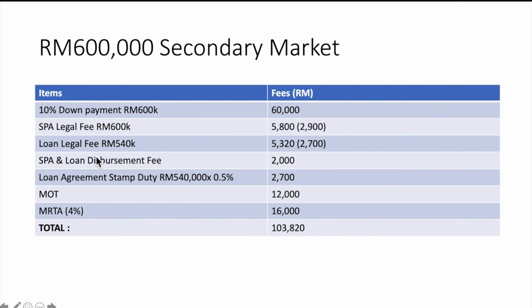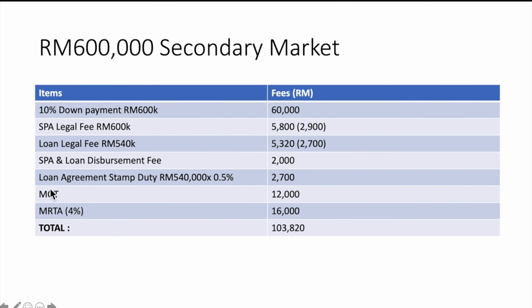On SPA and loan disbursement is 2,000, because usually the lawyer will charge you, they make some money from here. Don't forget, because they have to pay somehow, a referral fee, or they have discounted to you. Miscellaneous charges, usually they will charge full. And loan agreement stamp duty, 540,000 times 0.5%, so it will be 2,007.